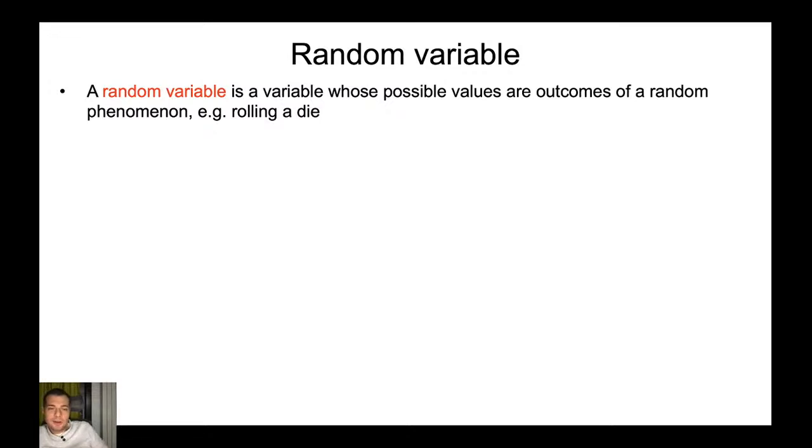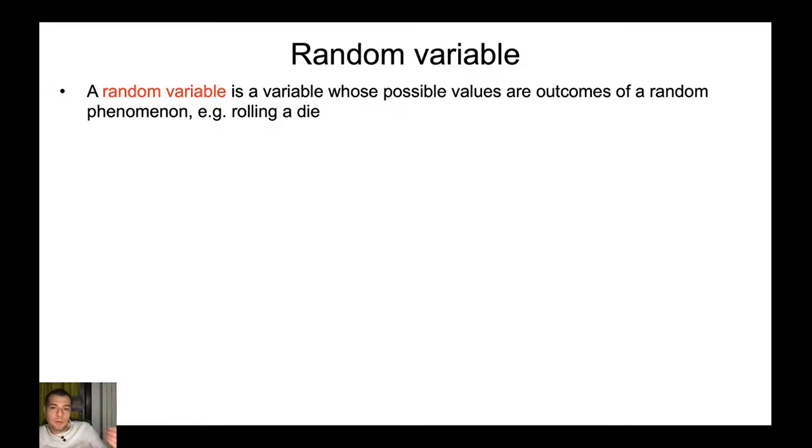Next, we're going to discuss the mathematical preliminaries. So we use some concepts from probability theory. We have a random variable. This is a variable whose possible values are outcomes of a random phenomenon. One example is a rolling die.